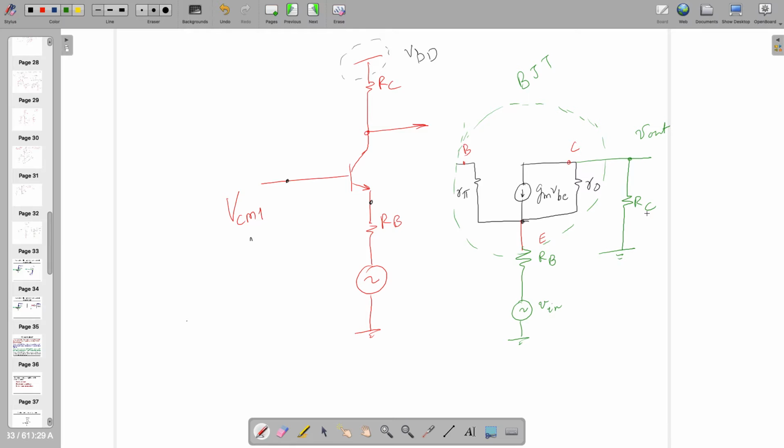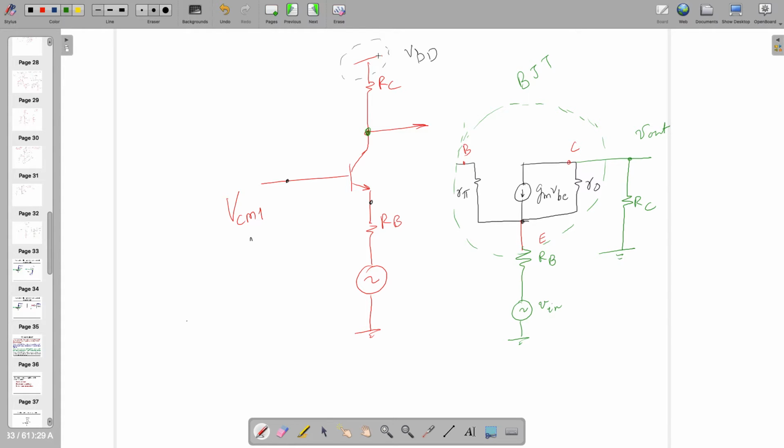And now make RC with respect to ground. Is it difficult? Okay. So now this RC goes to ground. Yes, RC from here.